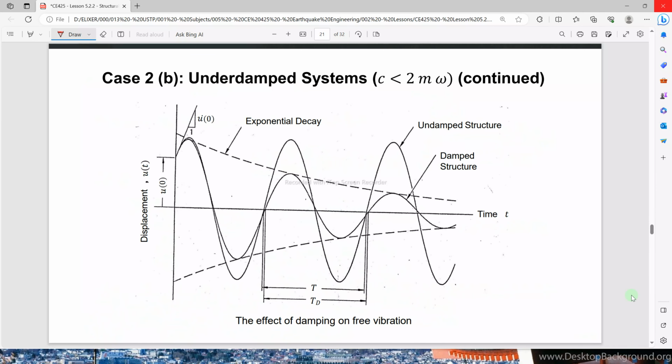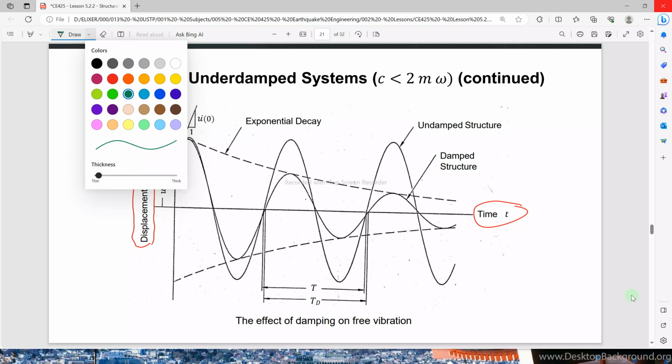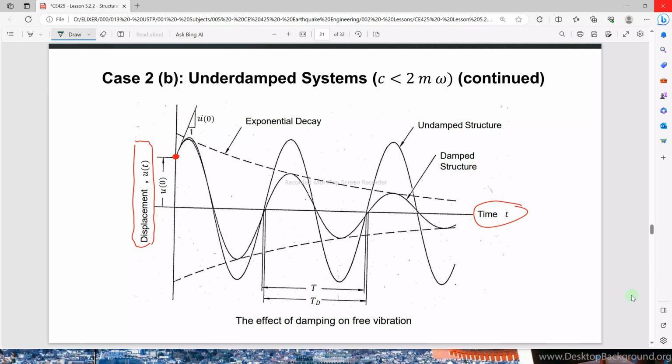So here we have a graph of time versus displacement, similar to the previous one that we showed. For comparison, we have our U0 here, where they start. But if you notice, we have an undamped free vibration here.